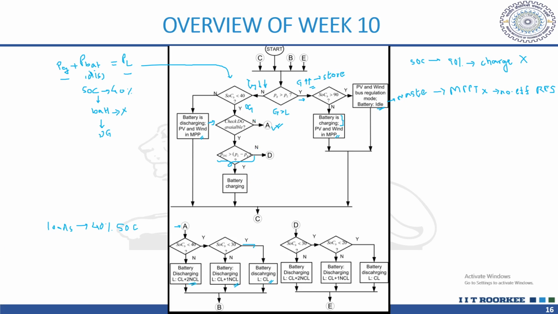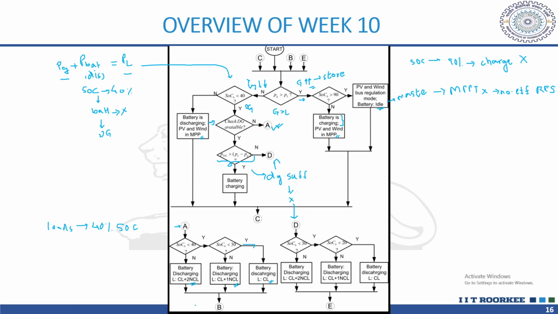Similarly, here we are again checking if the DG is sufficient or not, right? If the DG is sufficient, then okay, we can charge the battery. But if the DG is not sufficient, then what to do? DG sufficient? No. That means DG plus the battery will now supply the loads.